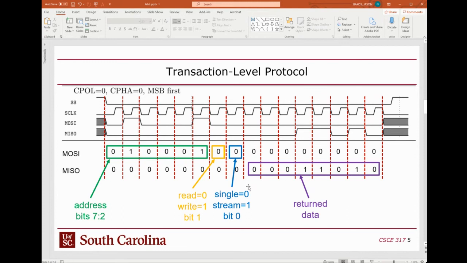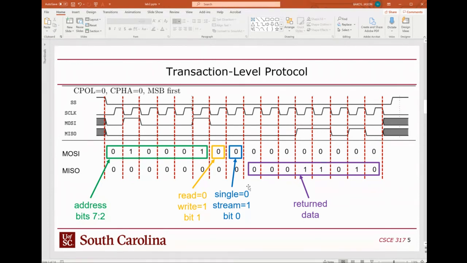If bit 0 in the first exchange is set to 1, then this is a streaming transaction. I haven't really used that term much in the class, but all that means is that instead of just reading or writing 1 byte, you're reading or writing multiple bytes, more than 1.